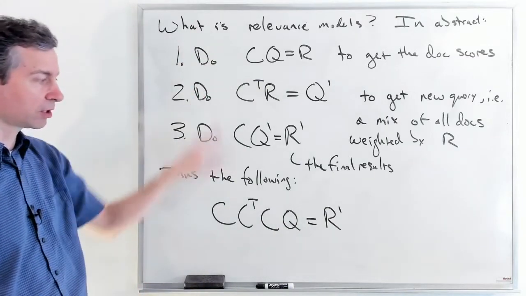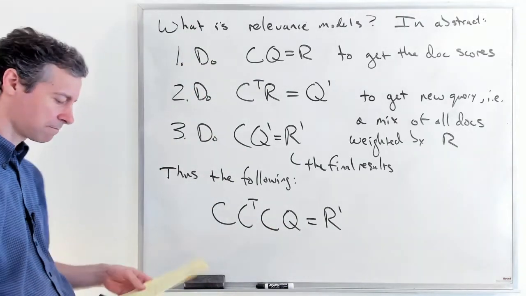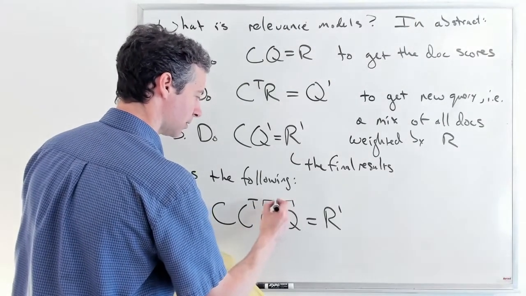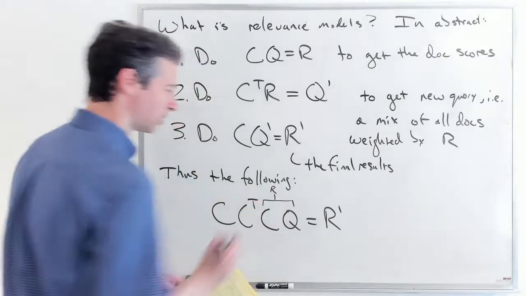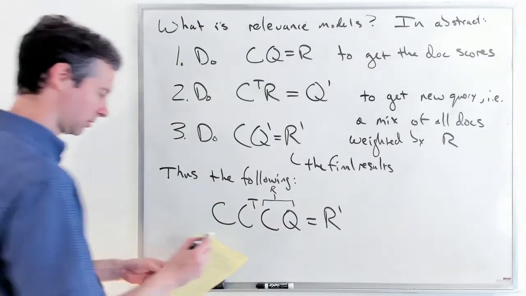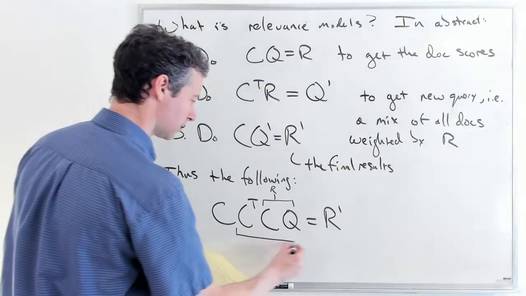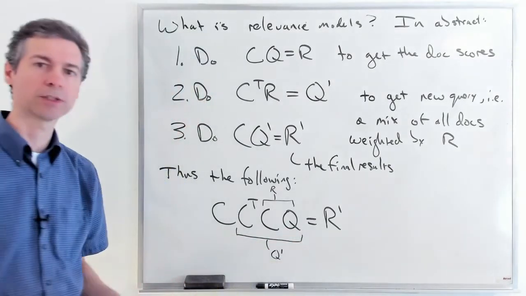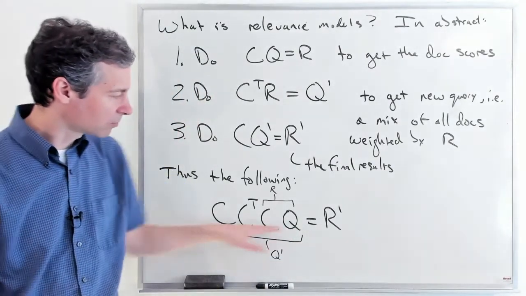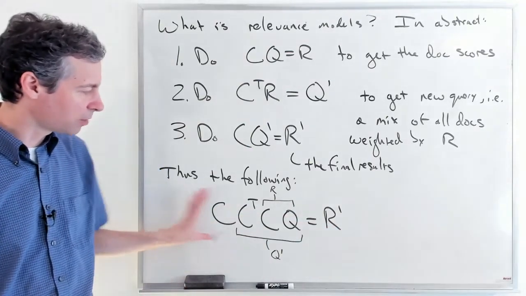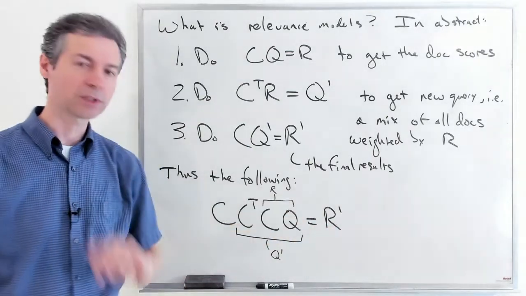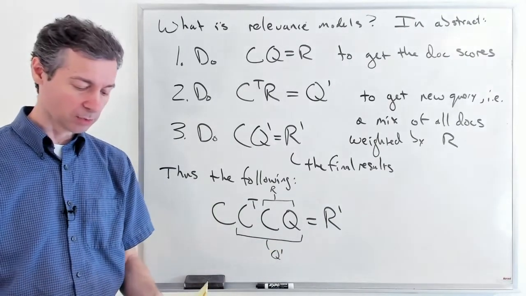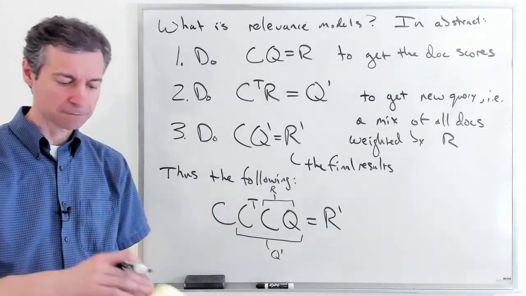That's just stringing the math together, okay? And what we have in here, this was our original set of results, and this was our new query. But we can put this all together, and so it's like one big set of operations, and we get our results. That's basically what we're doing with relevance models.